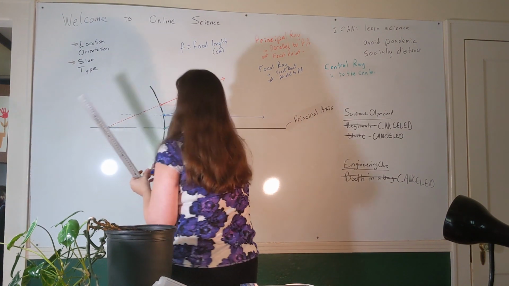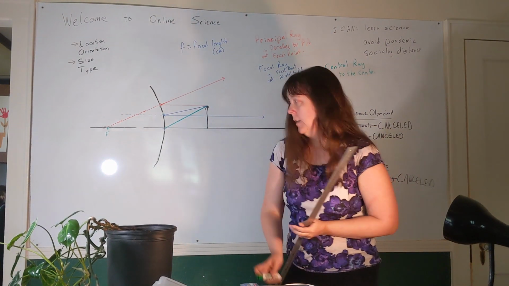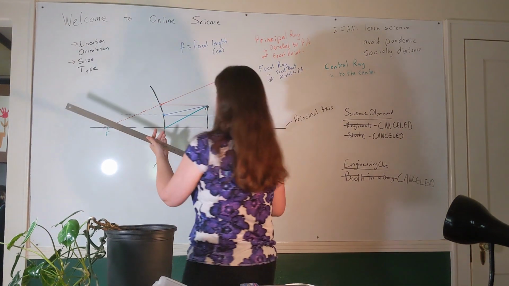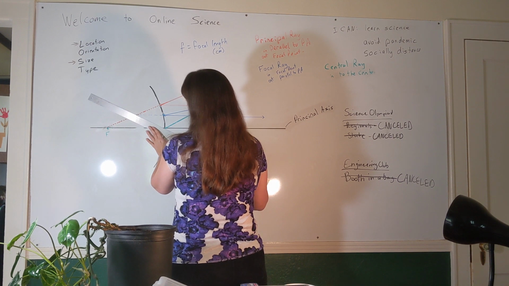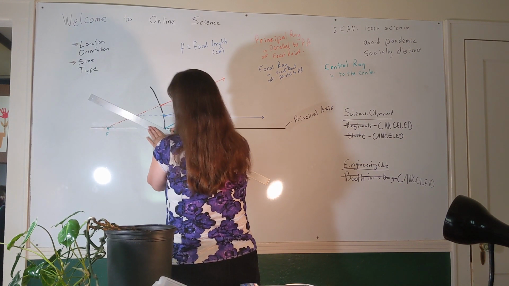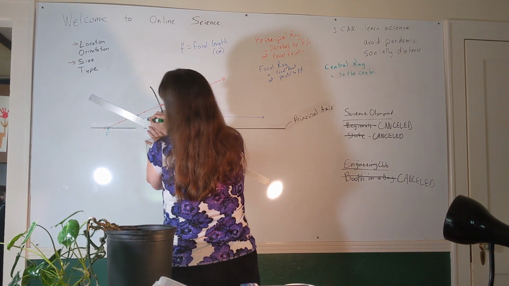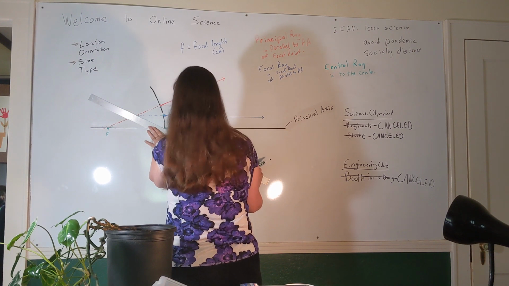And now we can check our work with the central ray. So the central ray should bounce off of this central point. When it goes backwards, it should intersect the same point where the other two rays crossed.